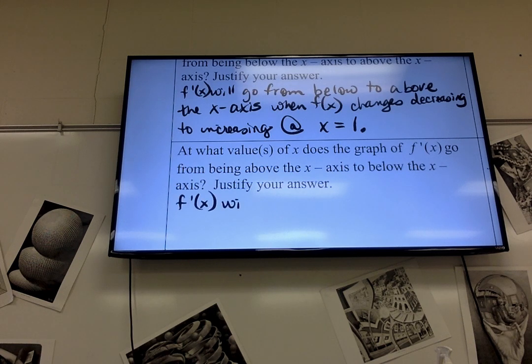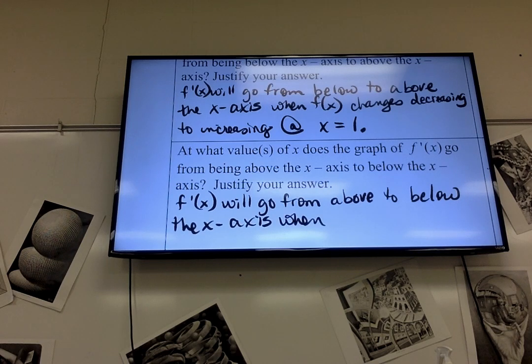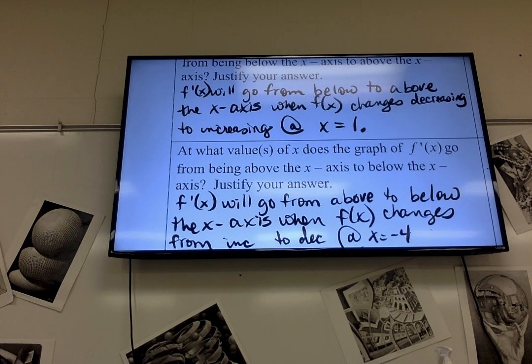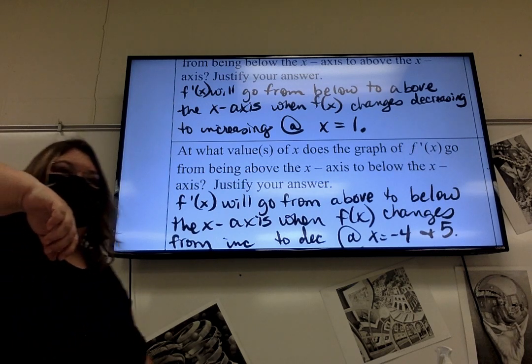F prime of x will go, okay, so you can write that down, from above to below the x-axis when f of x changes from increasing to decreasing at x equals -4 and 5. And -4, I did that one. Oh, okay.